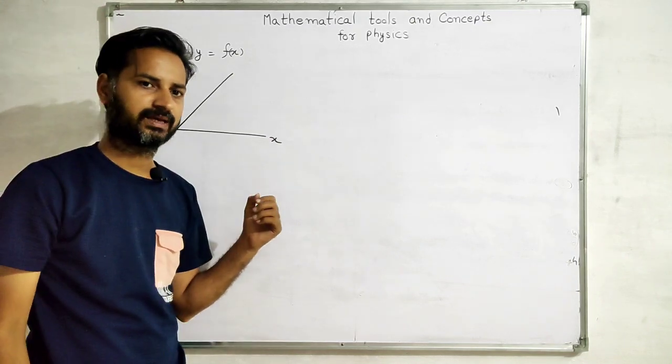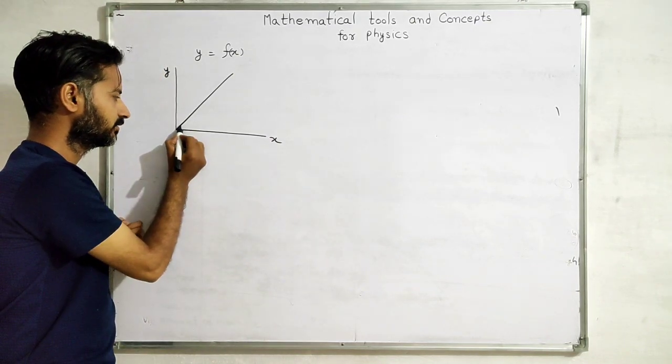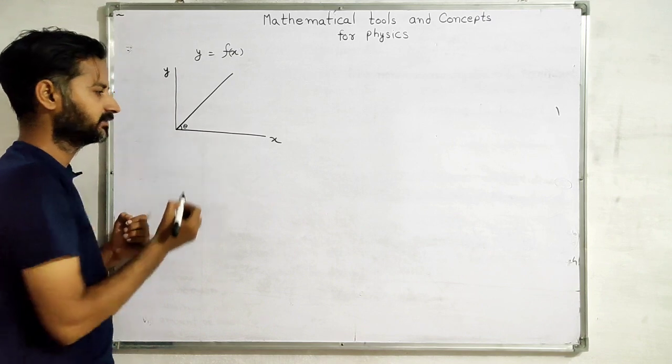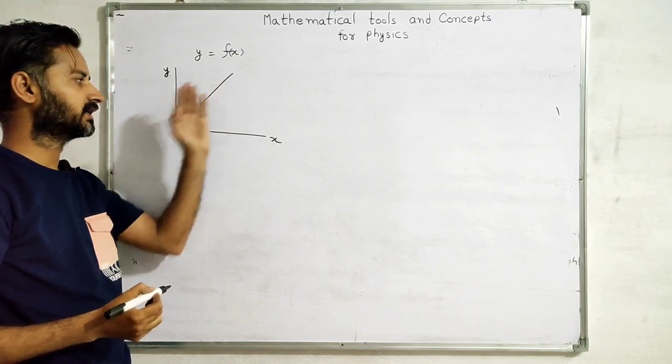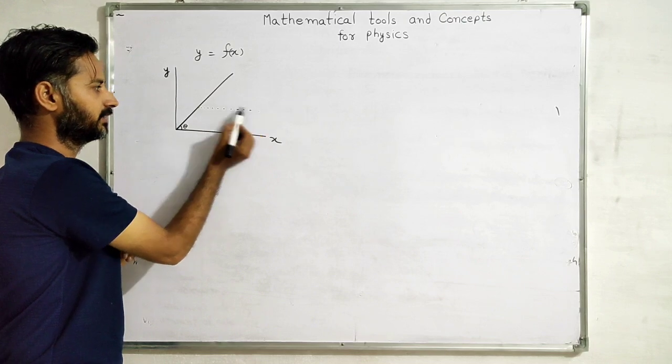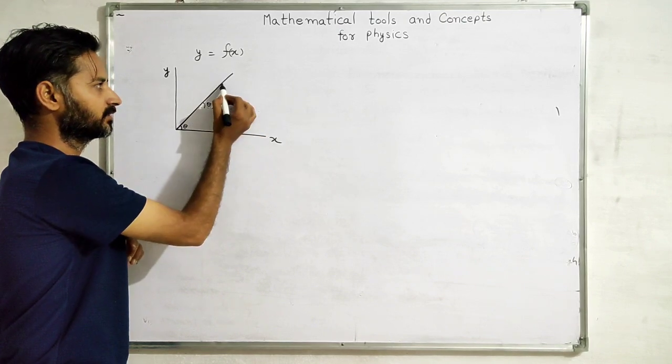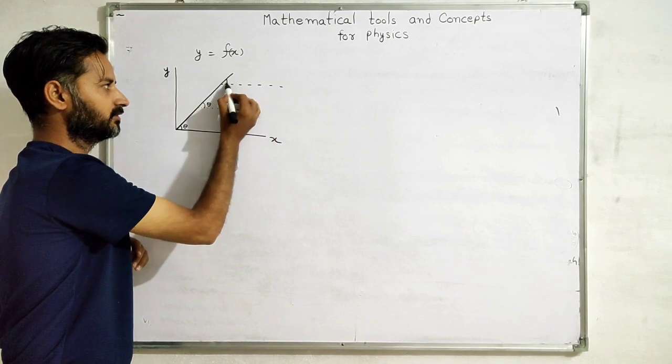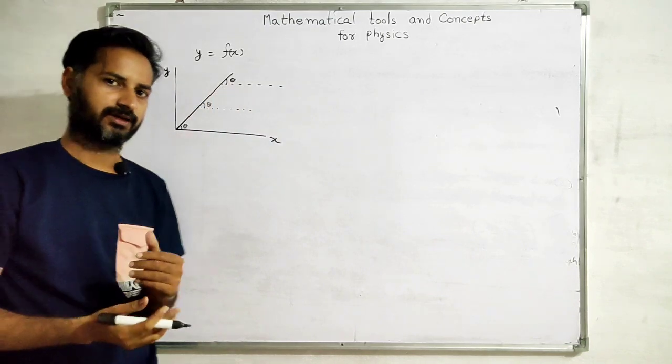In this graph, we can see that here is the theta, and this theta is not changing anywhere. If we choose here, then here is the same theta. If we choose here, then here is also the same theta.